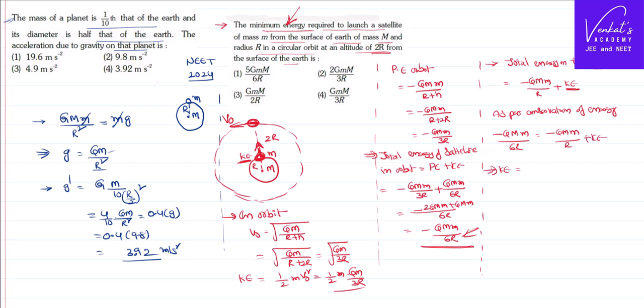That implies kinetic energy equals minus GMm by 6R plus GMm by R. 6R is the LCM: minus GMm plus 6 GMm, that is 5 GMm by 6R is the answer for the problem. So though it looks a little lengthy for you, it's actually a simple conservation of energy. Once you know the conservation of energy, you can simply apply it and solve the problem. Thank you for watching.